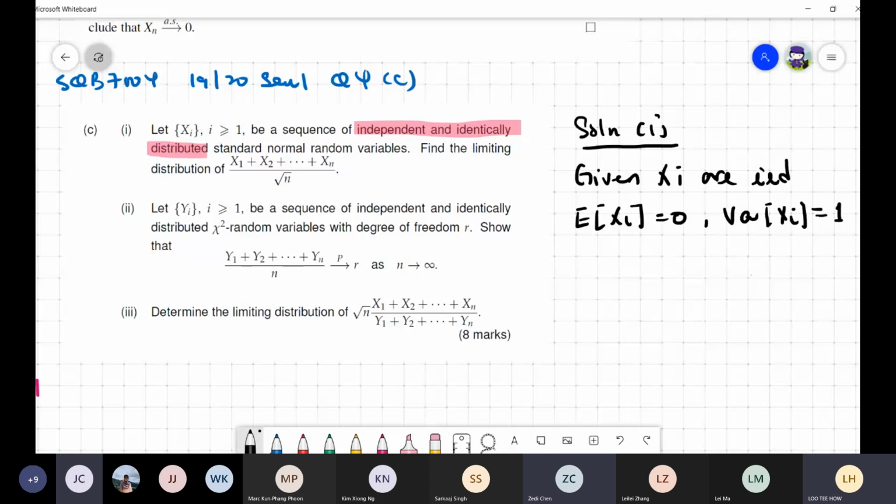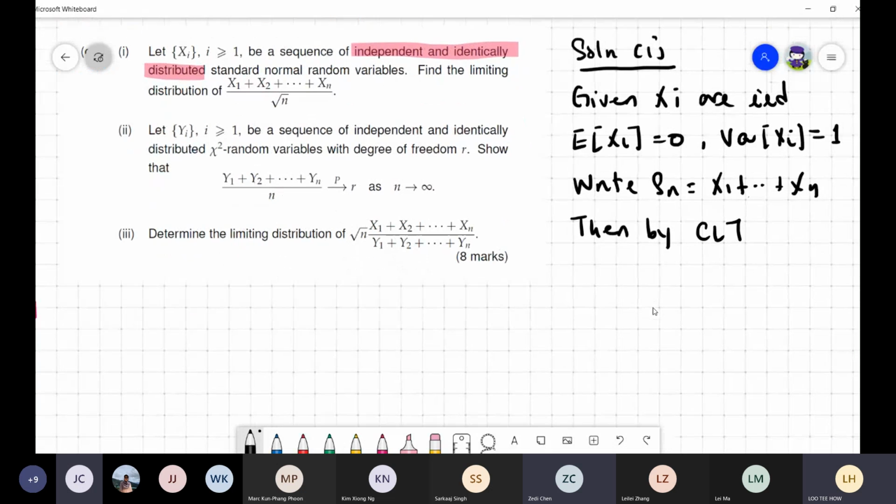So again, we can write Sn to be the summation X1 plus up to Xn. Then, by the central limit theorem, Sn over sigma root n, so that is X1 plus X2 up to Xn over, because sigma is equal to 1, square root of n.